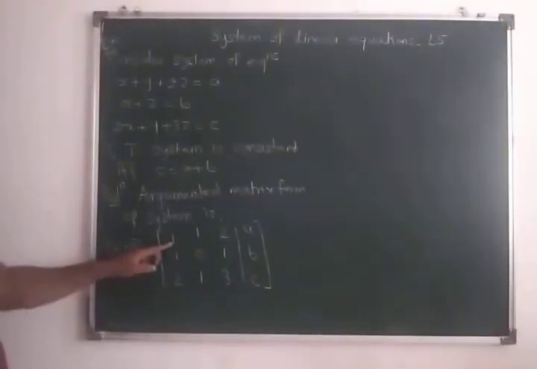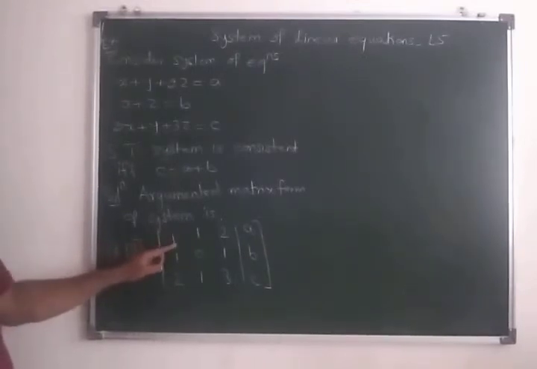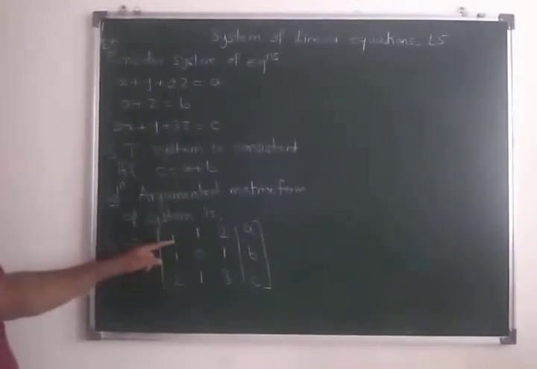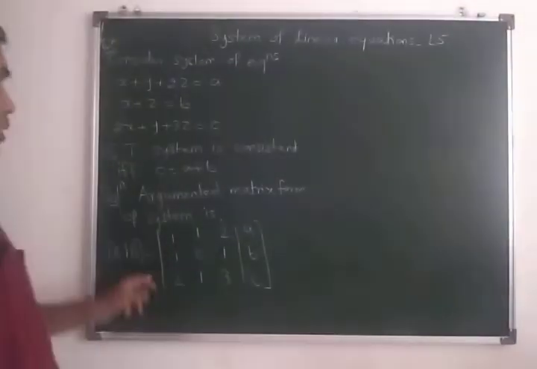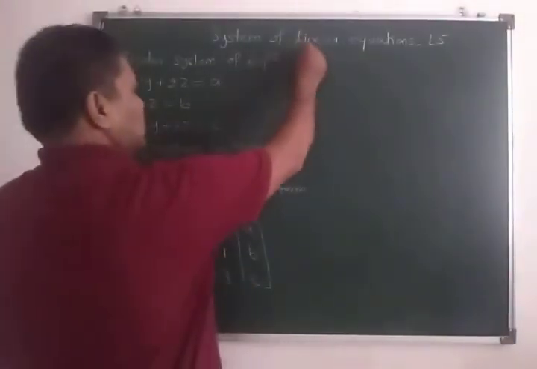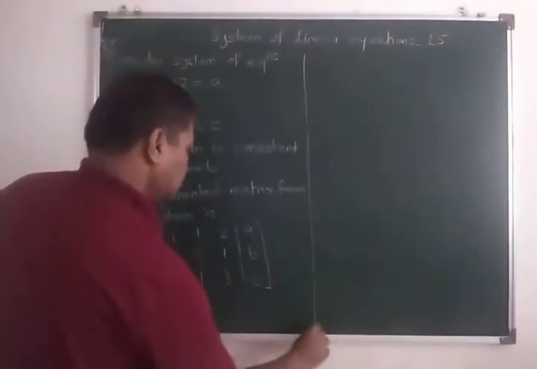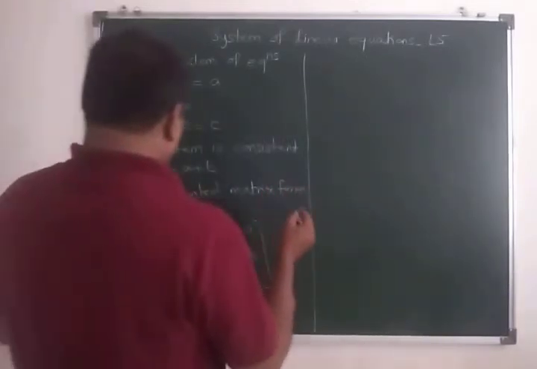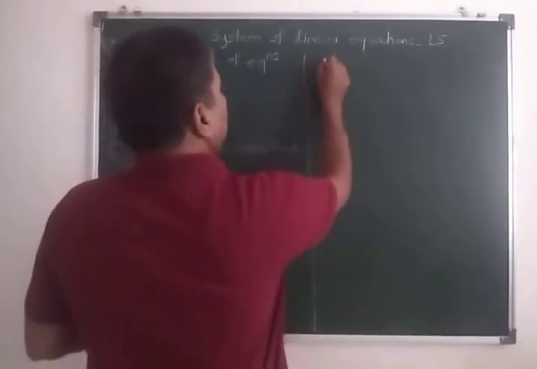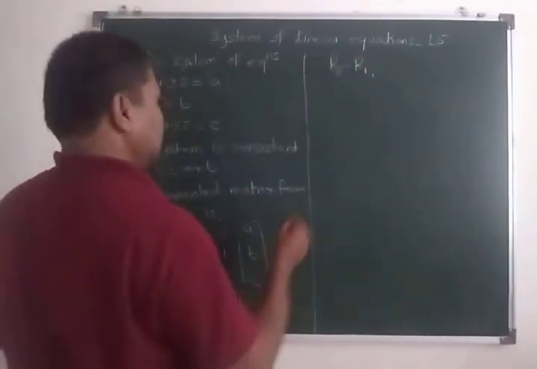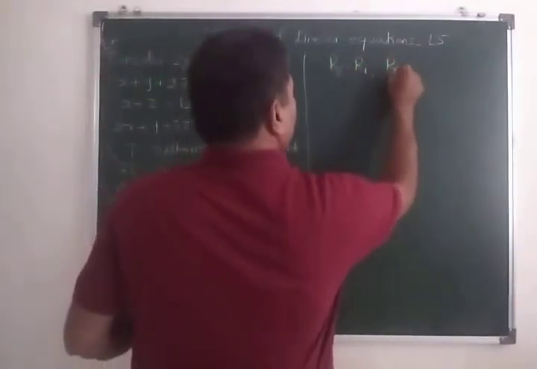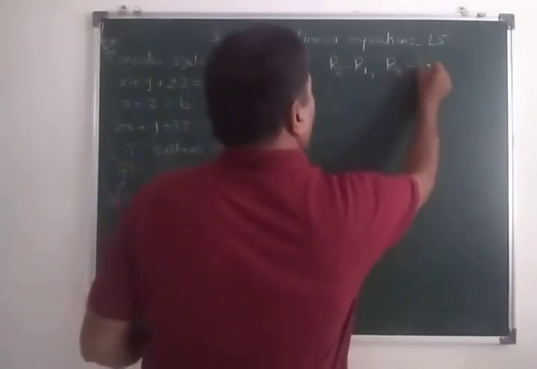So now here in the first row, the first entry is 1. So that is the leading 1 in the first column. We will use that 1 to make the below entries zeros. So for that we will apply the operations R2 minus R1, and the second one is R3 minus 2R1.